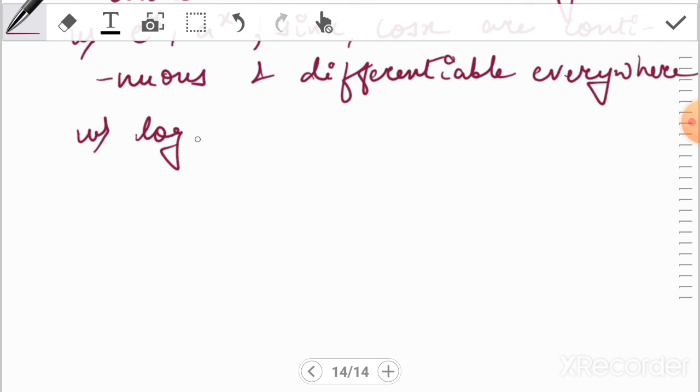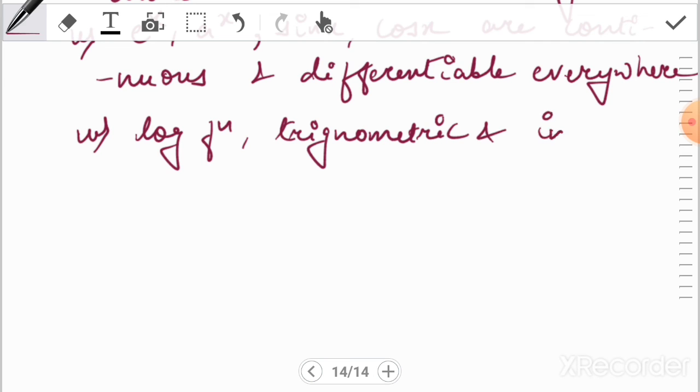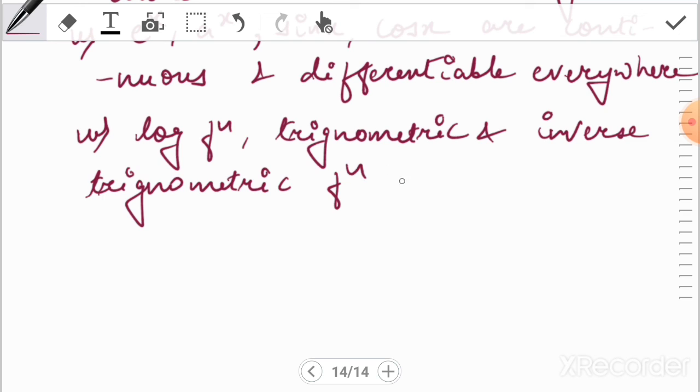Logarithmic functions, trigonometric functions and inverse trigonometric functions are differentiable within their domains.